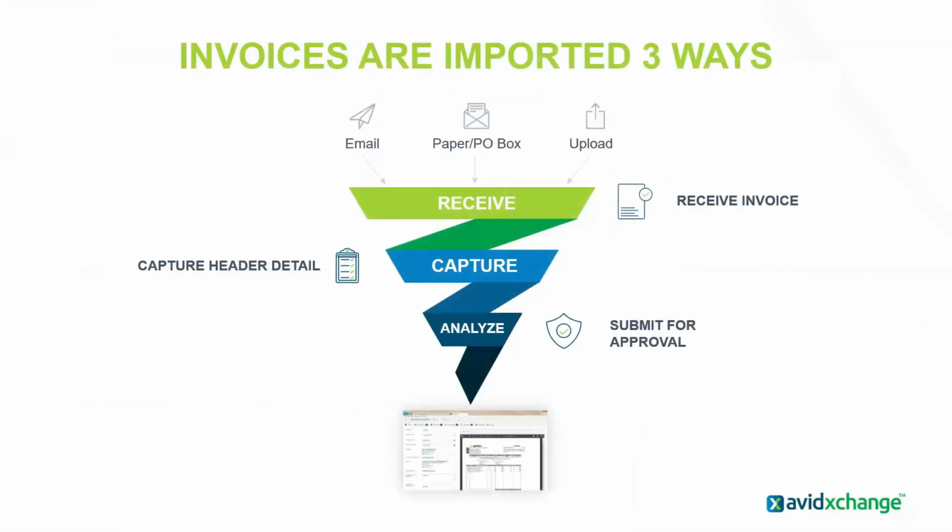There are 3 ways to get invoices into the system. So businesses can email their invoice in. They can upload invoices. And then, of course, last scenario, especially right now, is probably the paper PO box.